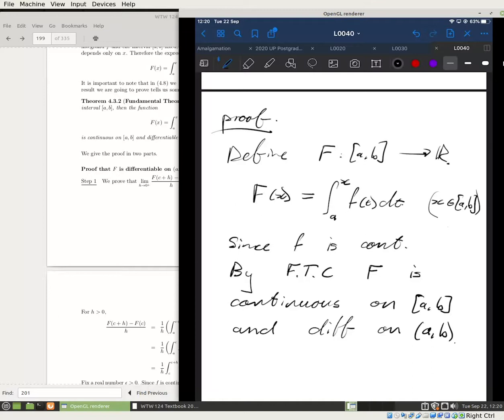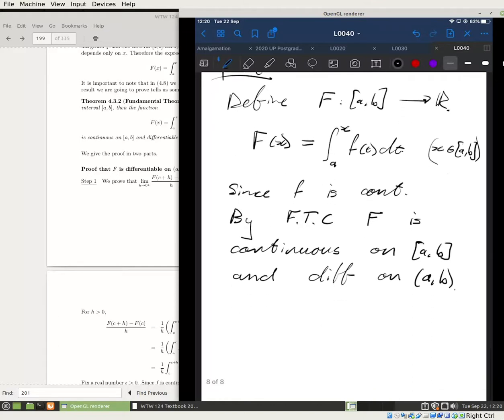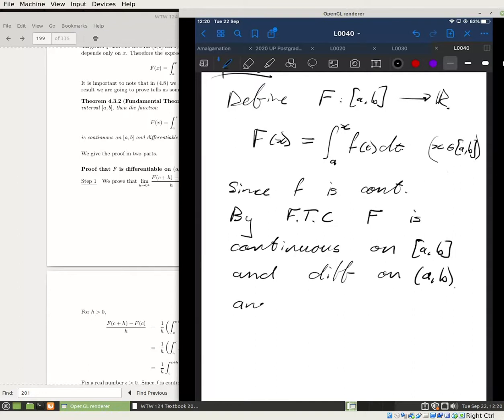And we also know what its derivative is: the derivative of big F is just equal to little f, for x in the open interval.